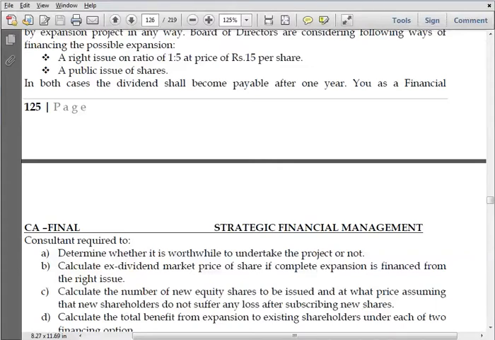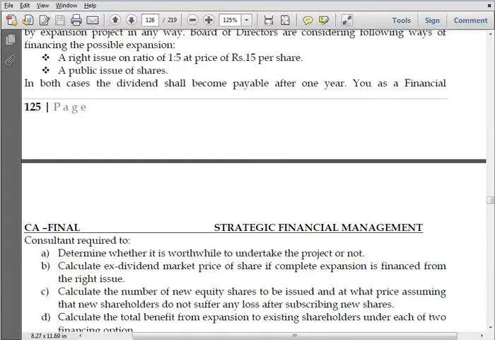Without dividend, what is the price now? 21.2. Okay, current ex-dividend price is 21.2.